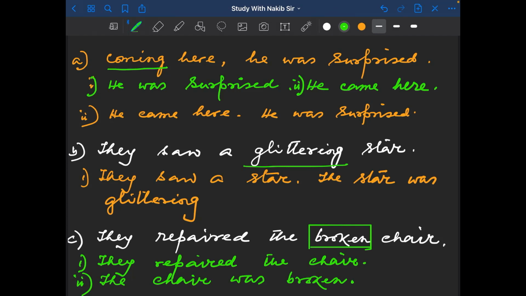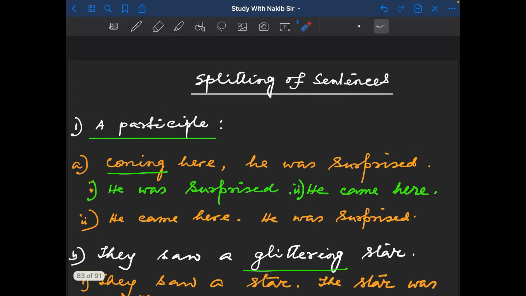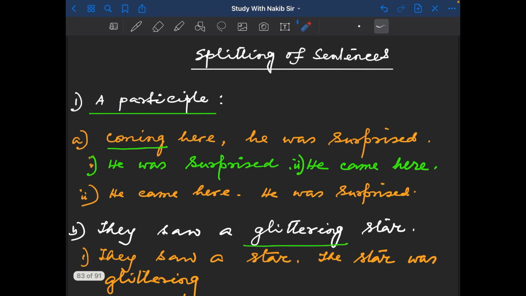For the present participle it will be the active voice, and for the past participle the sentence will be a passive voice. Remember this. So in the given sentence, if you get a participle, for that participle you can make a separate sentence as I did here.